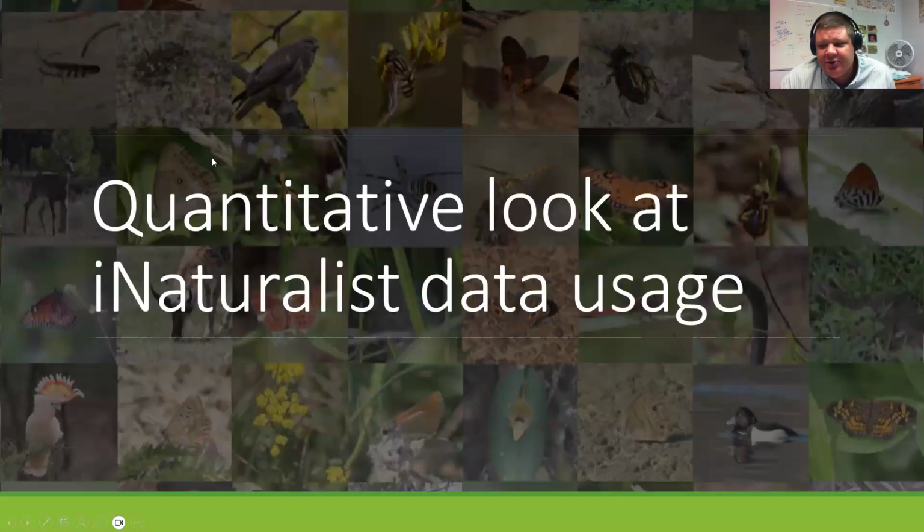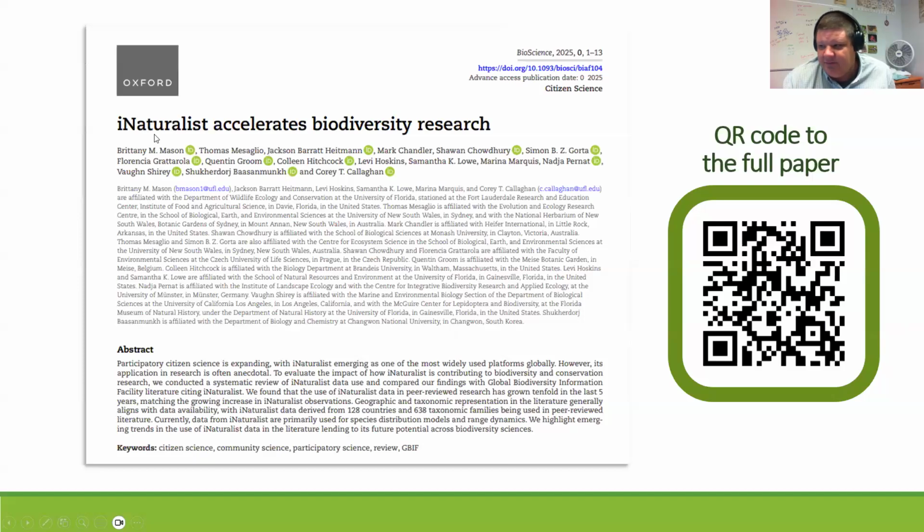And so my research group undertook a quantitative look at iNaturalist data usage, right? We were really keen to understand across ecology and biodiversity research how published iNaturalist work is being conducted. And I'll drop the paper right up front. This is titled iNaturalist Accelerates Biodiversity Research. It was published late last year in BioScience.